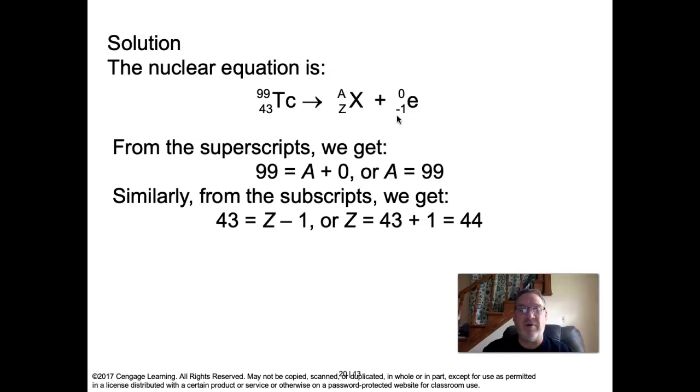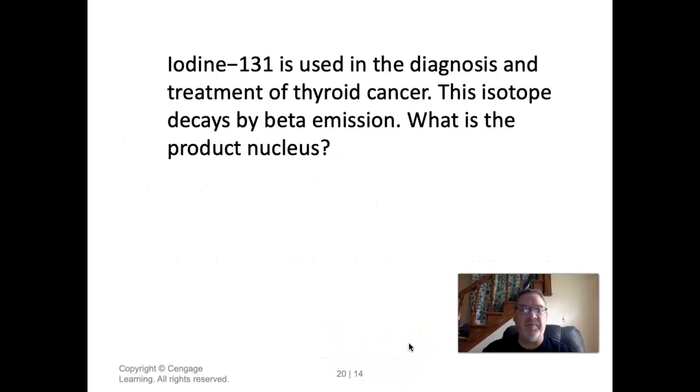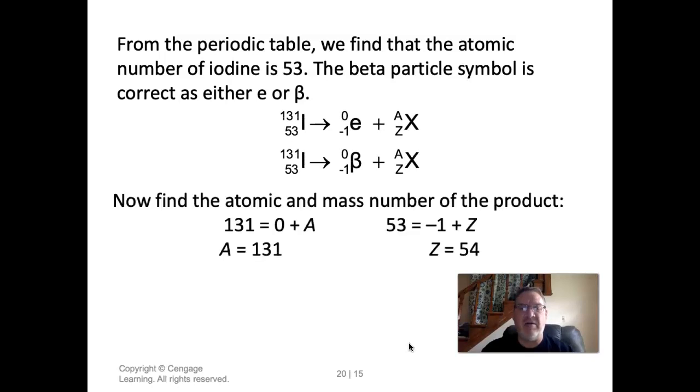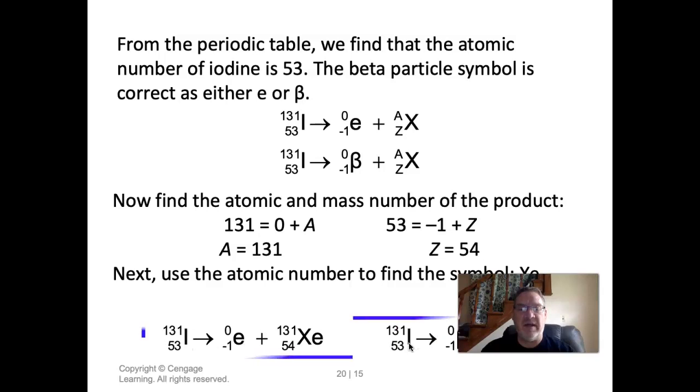That's 44. So we can look up element 44, which is ruthenium. And there's the product nucleus, as they call it. Same thing with iodine-131. Again, look at how this is broken down, and they do the math to determine the elements for this.